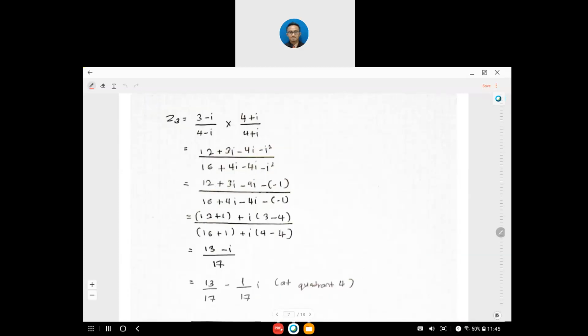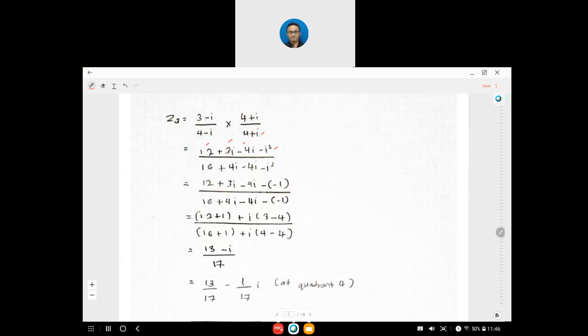Z3. Okay, so 3 minus I divided by 4 minus I times by conjugate. 4 plus I divided by 4 plus I, expand that one, you can get 12 plus 3I minus 4I minus I square. Simplify that one, you can get 12, this one, negative I square become positive 1.